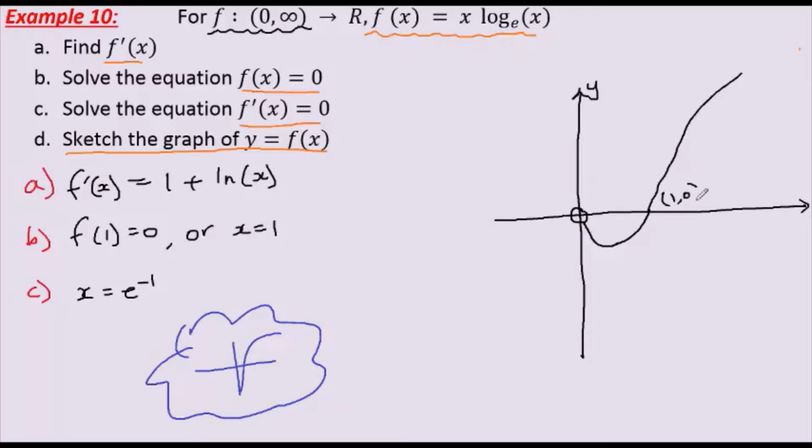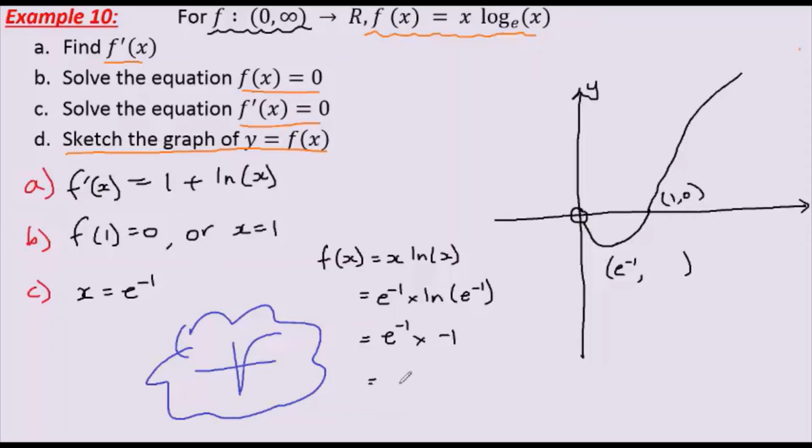So here is my intercept at 1, 0, and then here's my turning point, which is at e to the negative 1, and I don't know what. So I better work this out. If f of x equals x log of x, and x is e to the negative 1, then that'll be e to the negative 1 times log e to the negative 1, which equals e to the negative 1 times negative 1, which is negative 1 over e, or negative e to the negative 1.